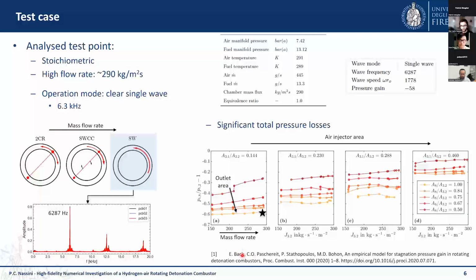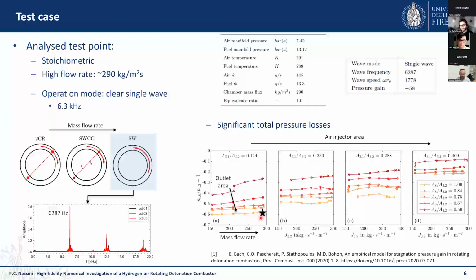Again, in this specific configuration, we have, for different reasons which I show here in this very interesting map from the group of Miles, a lot of total pressure losses across the injector, so we don't have a positive pressure gain across the combustor. Specifically, in these plots, we can see the measured pressure gain as a function of the mass flow rate on the x-axis for different air injector areas and also for different outlet areas, where the yellow line is the unrestricted outlet, so our configuration.